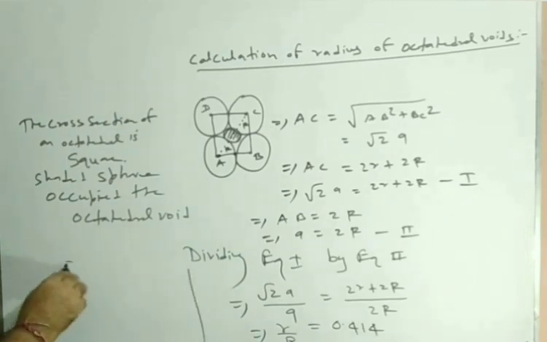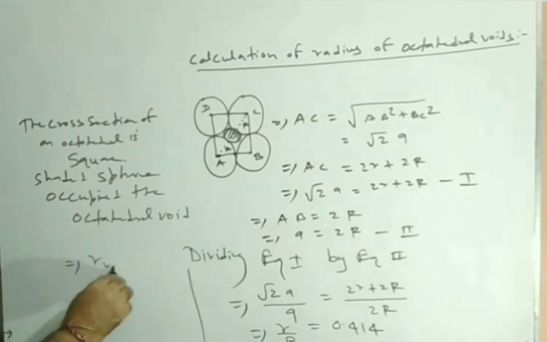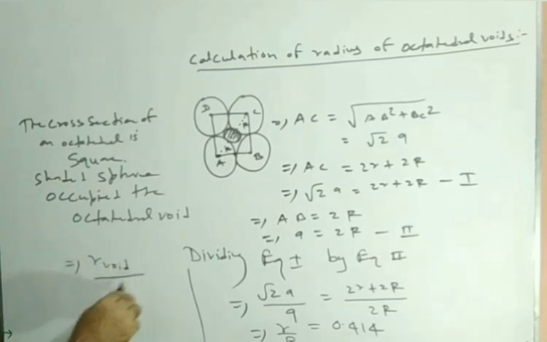Small r is what? Radius of the void. Capital R is equal to what? Radius of a sphere.